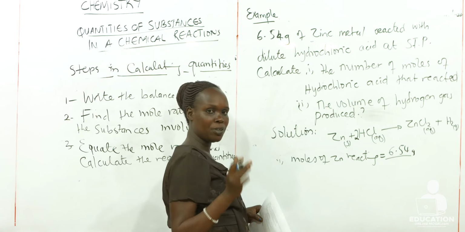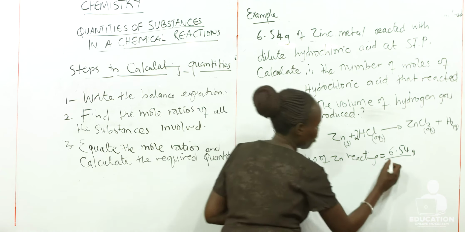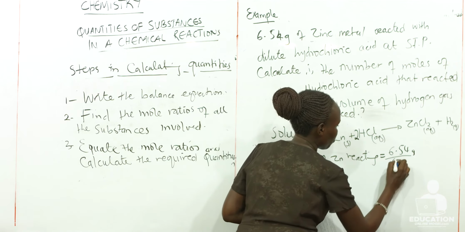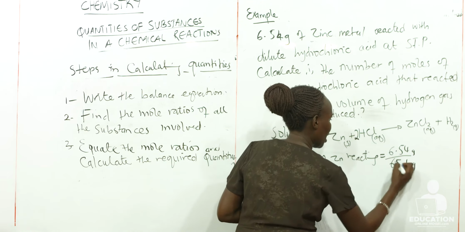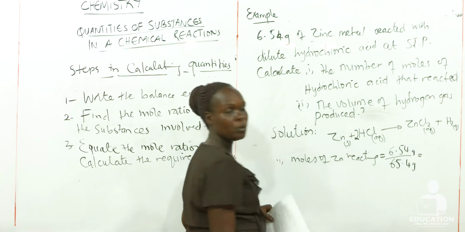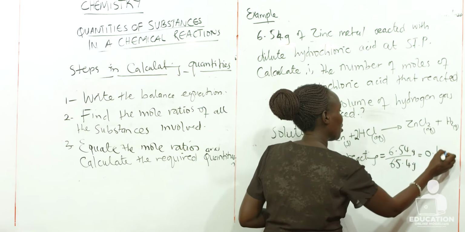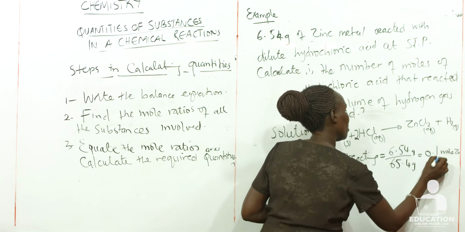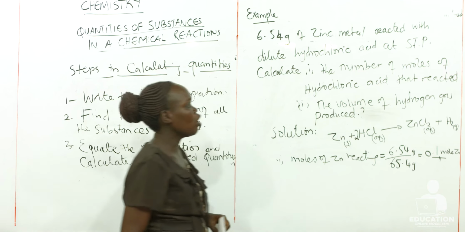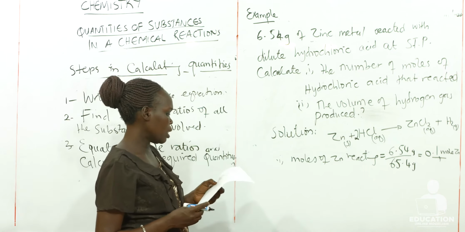The molar mass of zinc, if you go back to the periodic table, is 65.4. So here we shall have 0.1 moles of zinc. So the mole of zinc here is 0.1 mole.